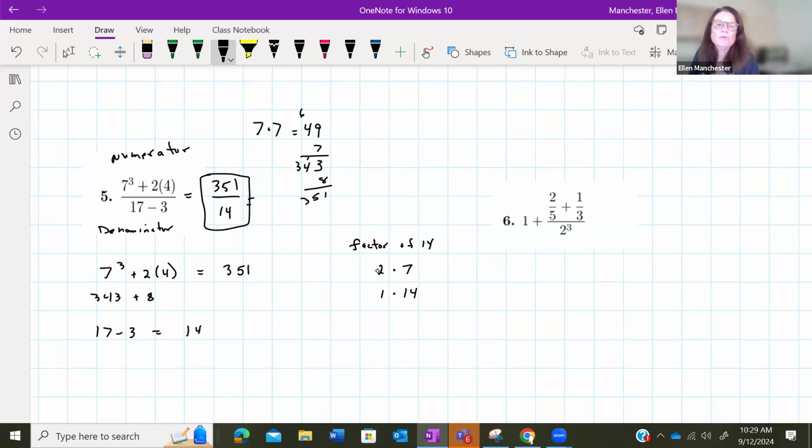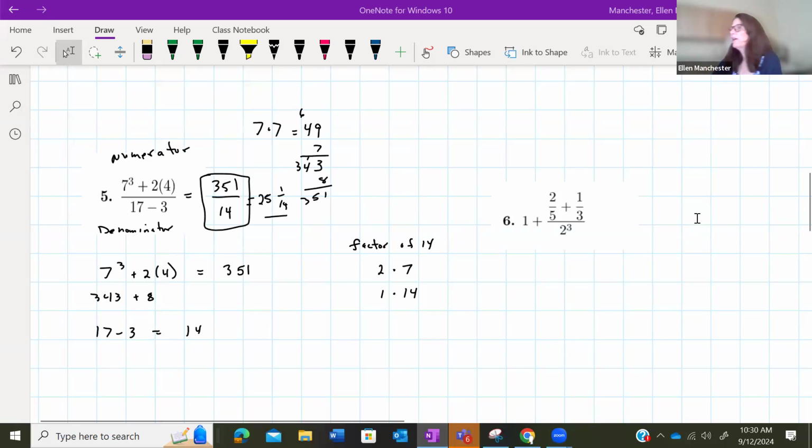So if that ever happens, where you have a top heavy answer and they give you a mixed number in the back of the book, just go ahead and double check that your mixed number is the same as the 25 and 1/14.